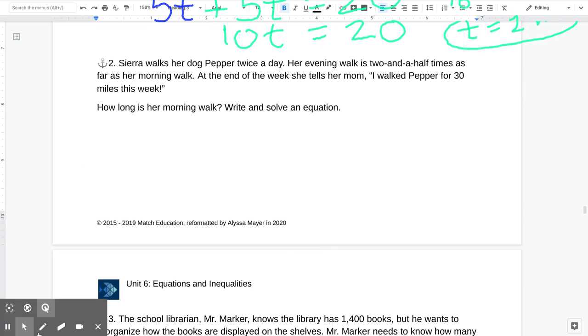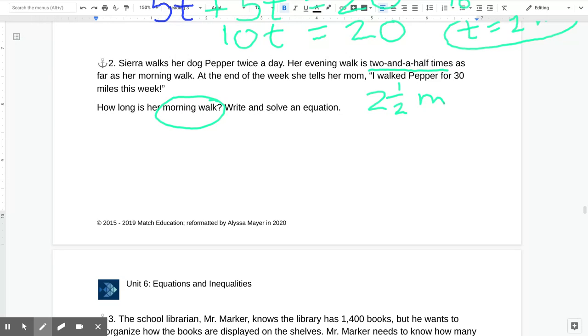For Sierra walking her dog, Pepper, I know the evening walk is 2.5 times the morning walk. So since it asked me how long is the morning walk, I'm going to say that my evening walk is 2.5 times the morning walk.